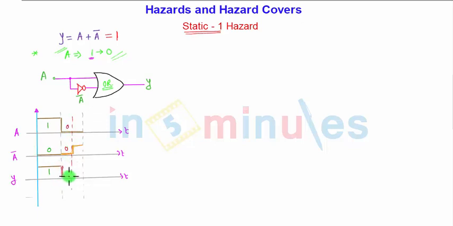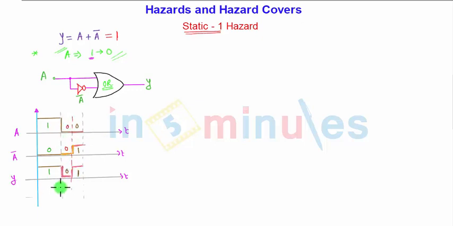So the output I got here is 0, and after that it will go to 1 and remain 1 for the rest of the cycle, the combination 0 plus 1 is 1. This happens just because of the delay time of the NOT gate, the time taken to produce A bar while A changes from 1 to 0.